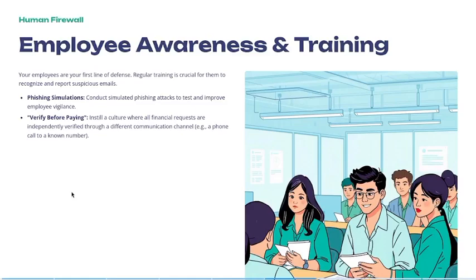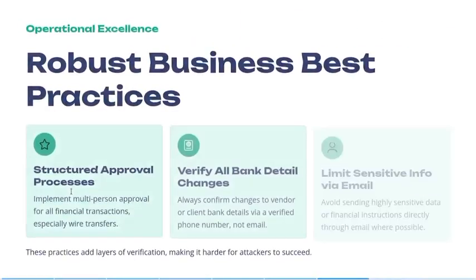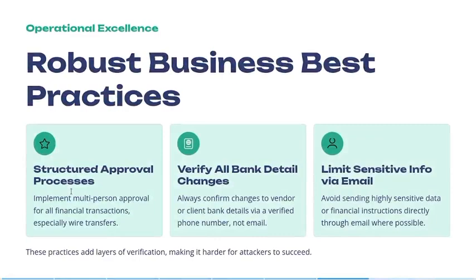So all you need to do is have a person that does his job get on the phone and call your partner: we received an email from your company requesting a change of bank account. If they verify the source, yes, we are trying to do this, then you can proceed with the other steps.